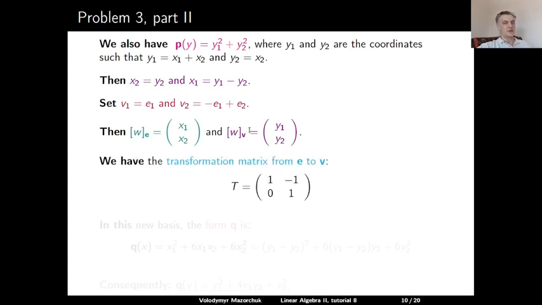And we have the transformation matrix from the standard basis to the basis v, which is equal to 1, minus 1, 0, 1. We denote this matrix by T. So how to check this? The base change formula: the standard coordinates are equal to T times coordinates in V. And if you multiply y1, y2 on the right with this matrix, we will get x1 is equal to y1 minus y2 and x2 is equal to y2.